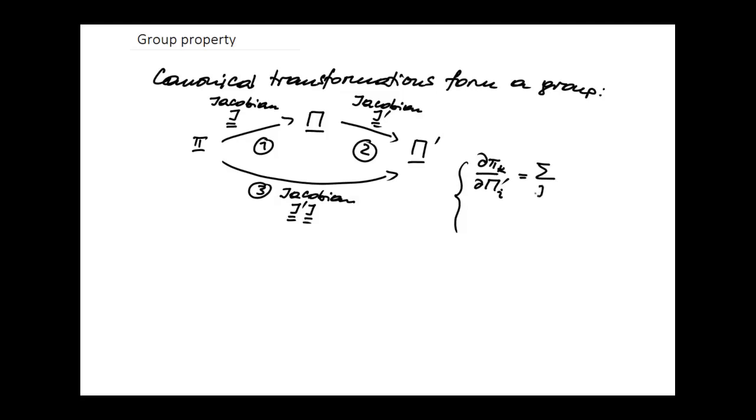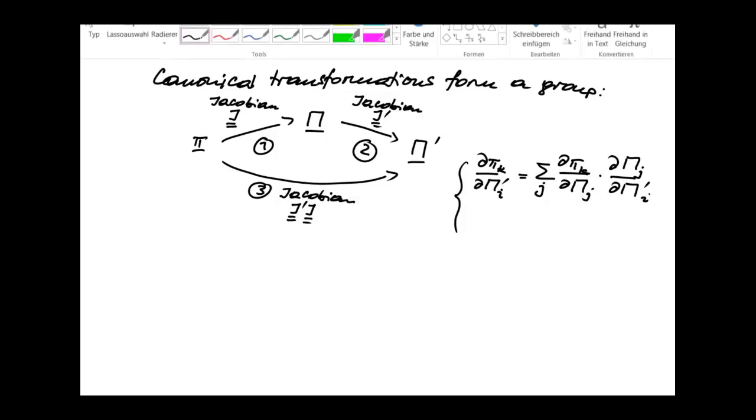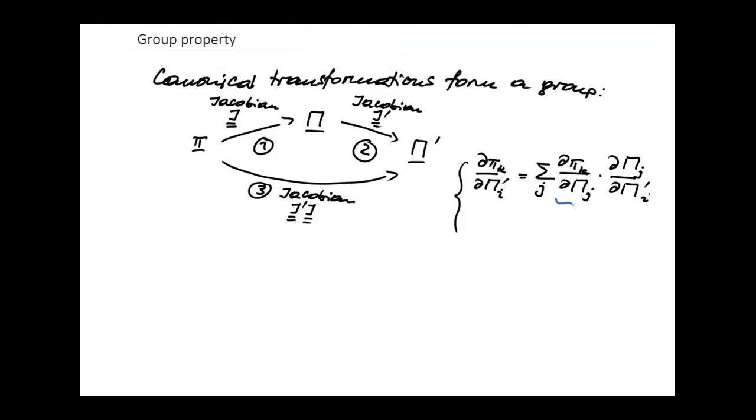Now we can write that as the sum over j of the partial of little pi k with respect to capital pi j times the partial of capital pi j with respect to capital pi prime I. This partial derivative is the matrix element J_jk of the first coordinate transformation, transformation number 1.